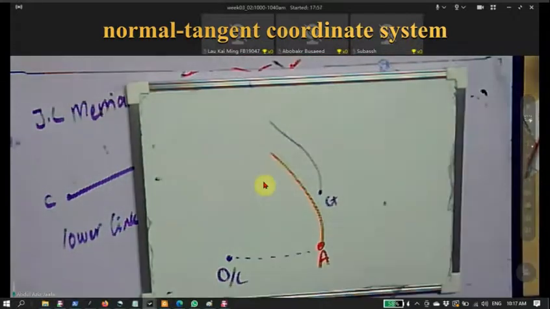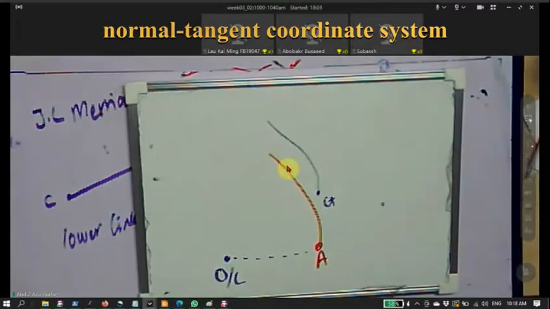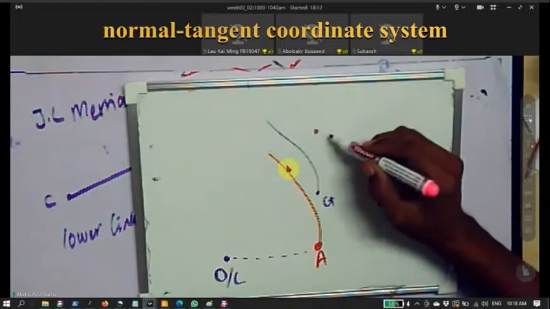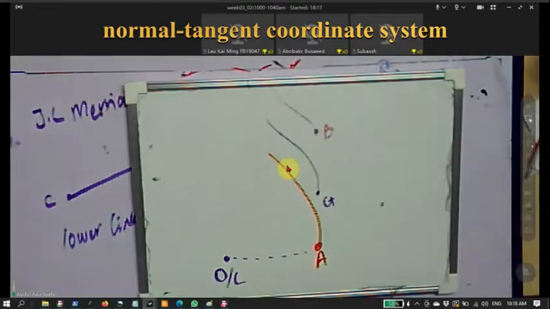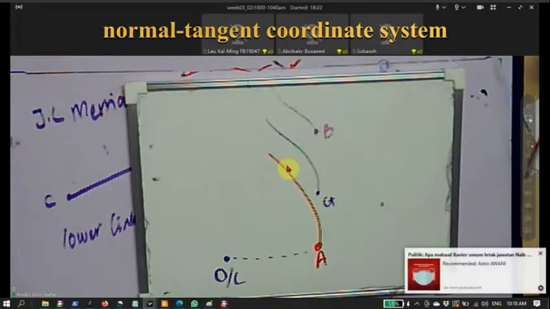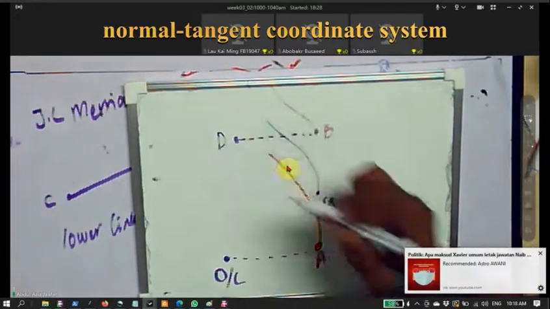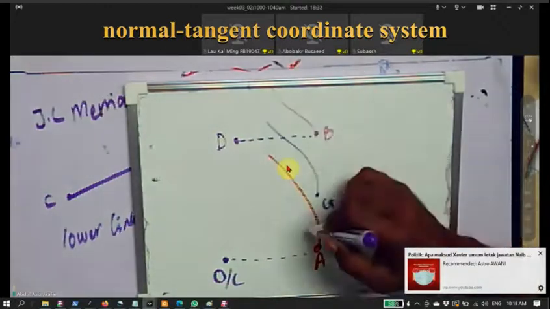And then we have B. So for G, we cannot see it, and they are moving in circular motion.